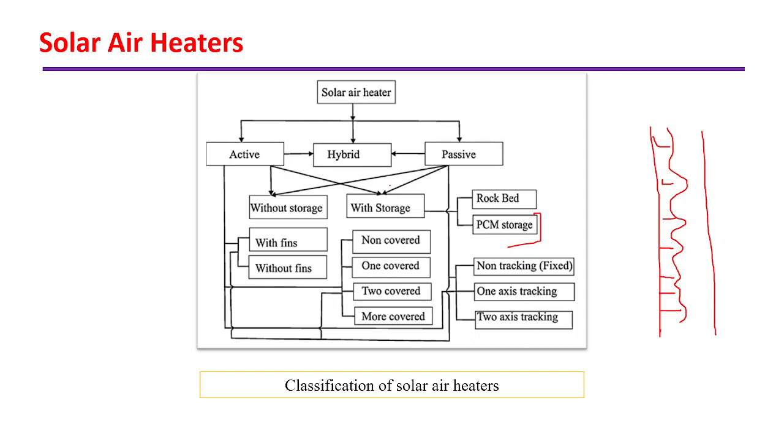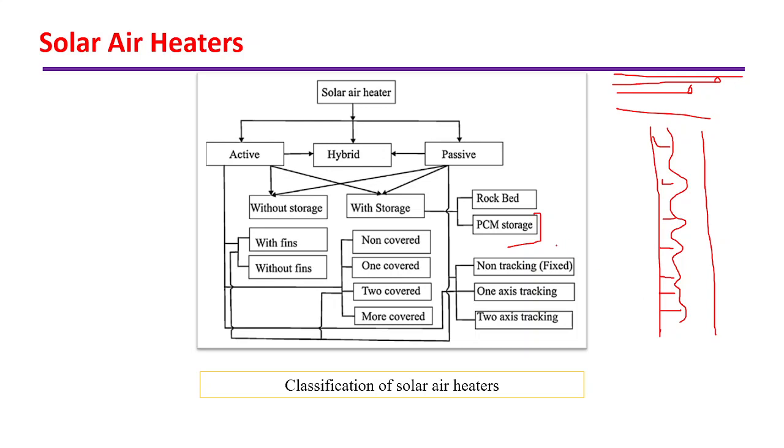Then there will be one absorber plate, and one cover. It generally comes with a one cover system or a two cover system, and it may have more than two covers also. A three cover system is also used, but at ground level we will see one cover and two cover systems.